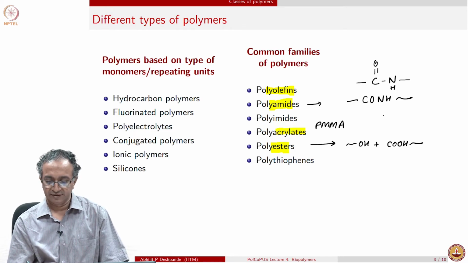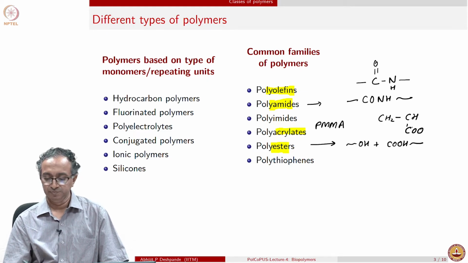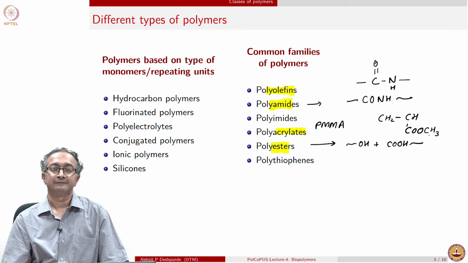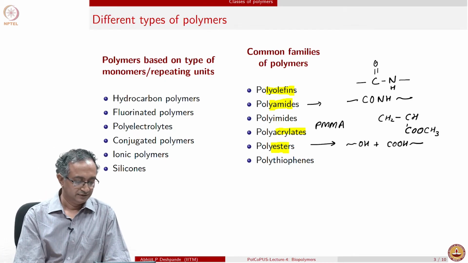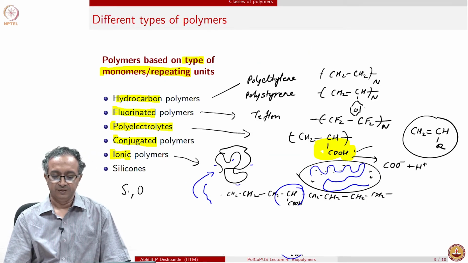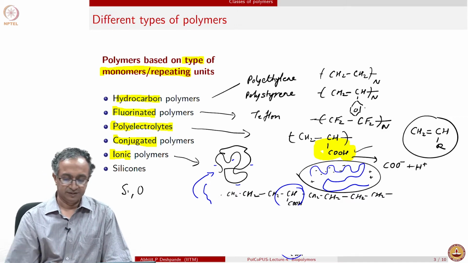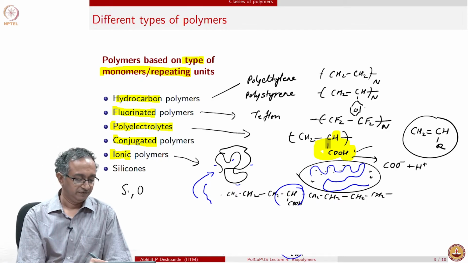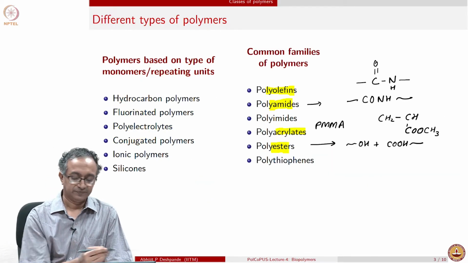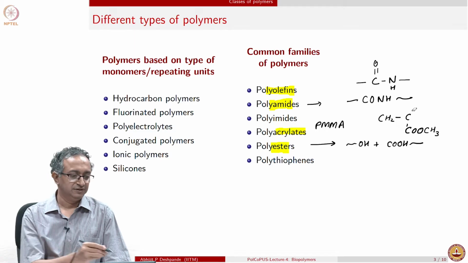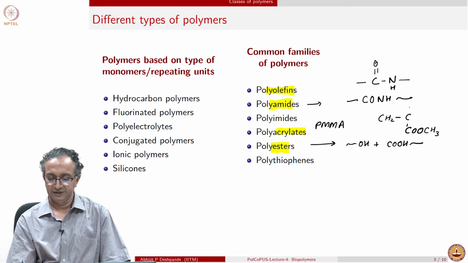As you remember from the last slide, this is the acrylic group, but if instead of the hydrogen which was there on the polyacrylic group, we have a methyl group, so we remove this hydrogen and then we add a methyl, this becomes methacrylic.